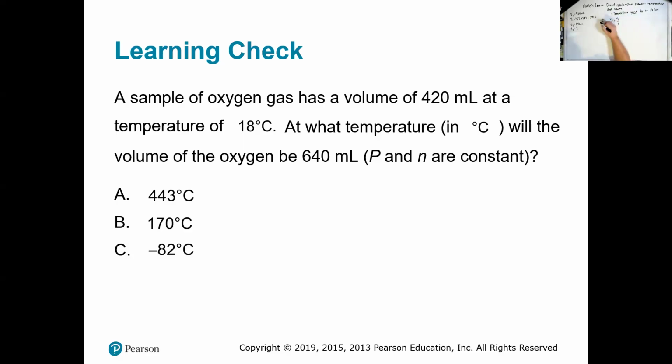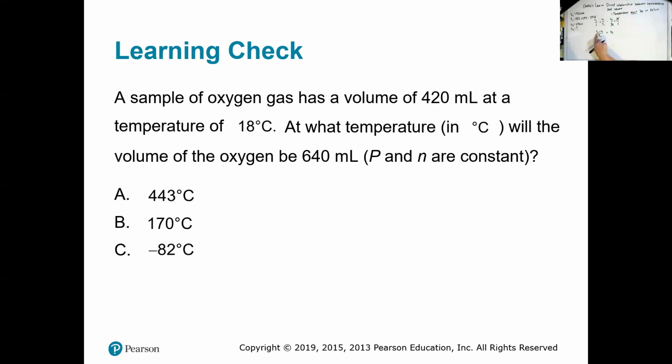So I'm multiplying both sides by T2 over 1. And that's going to cancel my temperature from the right side and move it over to the left side. And what I'm going to be left with over here will be T2 times V1 over T1.